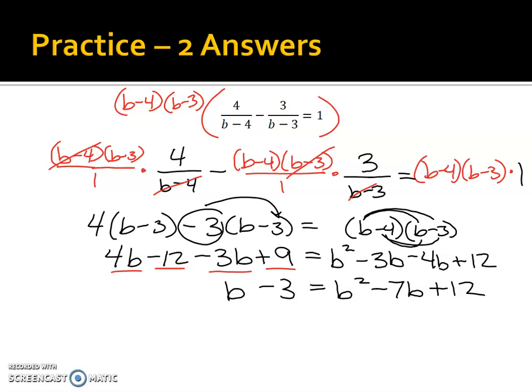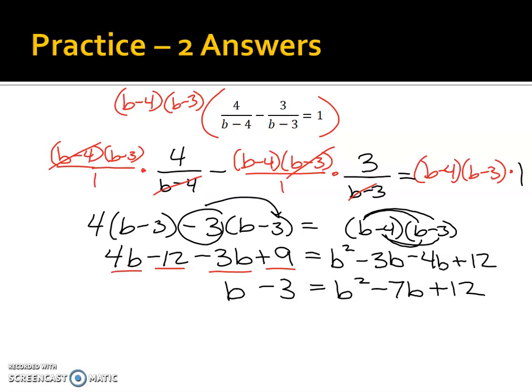So what we have up here is a problem with a b squared and a b. And if you think back to Unit 3, you'll remember that the only way that we can solve a problem that has a b squared and a b, or an x squared and an x, is what we usually said, you are going to have to factor. So I'm going to have to factor to solve this problem. But before I factor, I have to make sure that my problem equals 0.